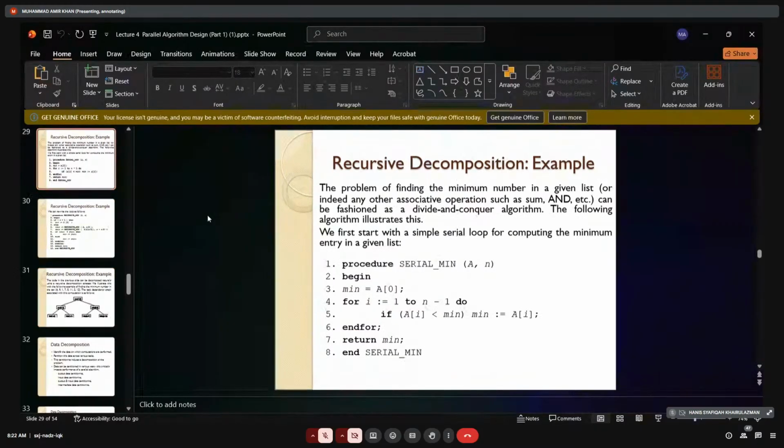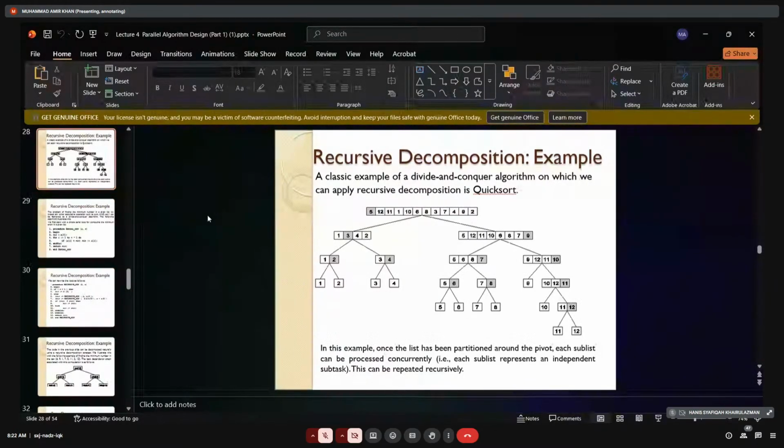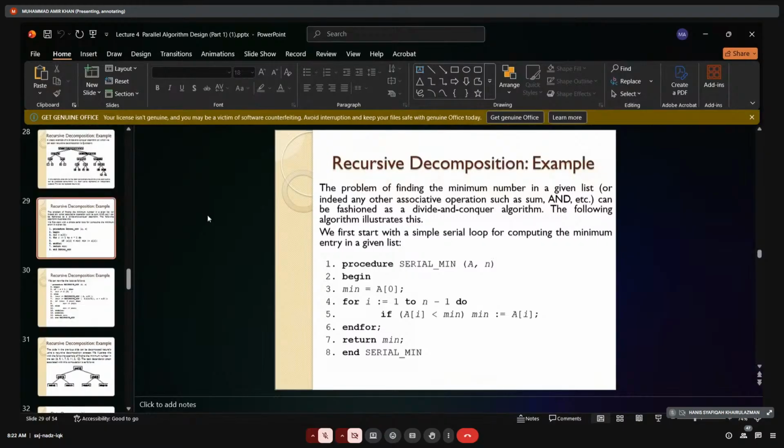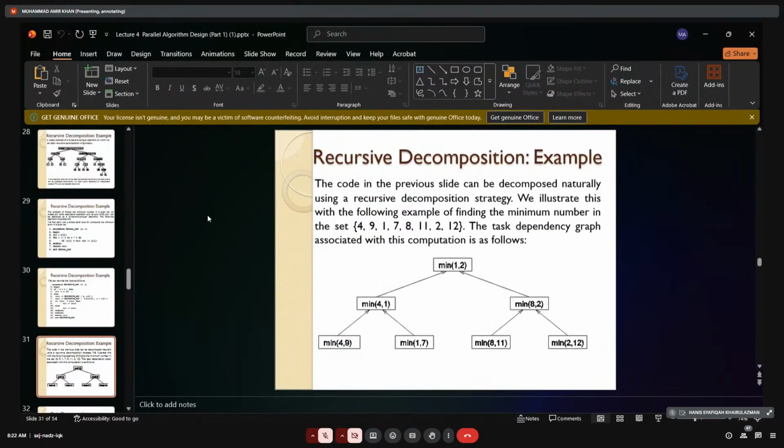This is a recursive decomposition example with quicksort here, with the help of minimum value. The code in the previous slide can decompose naturally using the recursive decomposition strategy. We'll illustrate this with the following example to find the minimum number in the set. For example, we have 4 9 1 7 8 11 2 12.